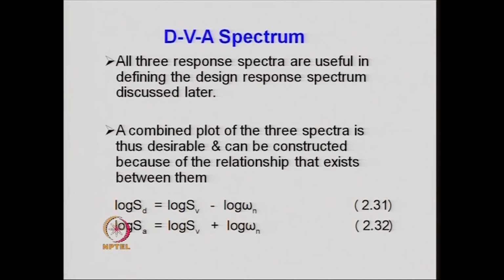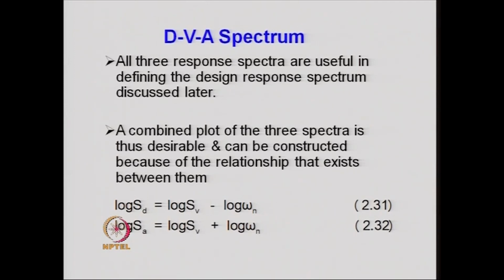Now, we come to what is known as the DVA spectrum, or the combined displacement, velocity, acceleration spectrums. Mind you, the displacement response spectrum denotes the maximum displacement, but the velocity and acceleration spectrums are actually the pseudo velocity and pseudo acceleration spectrums. They do not represent the maximum value of those quantities.